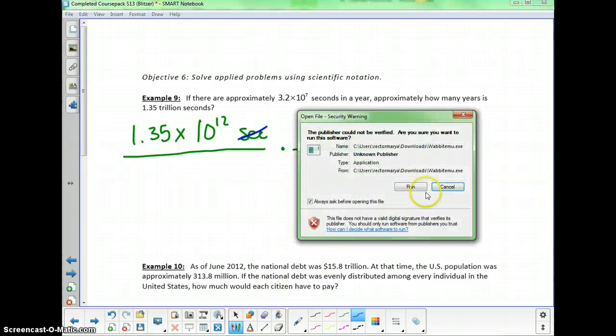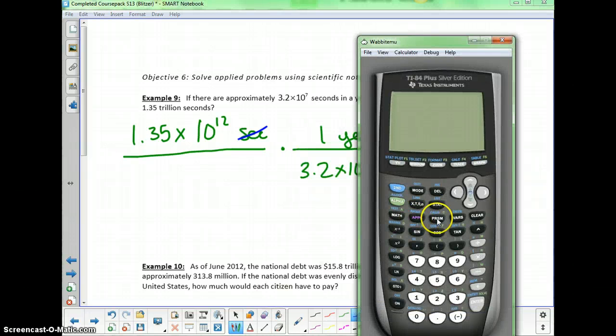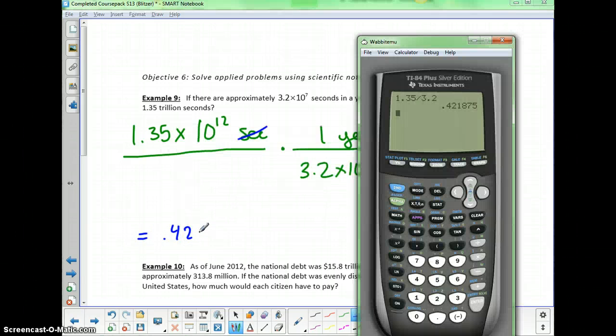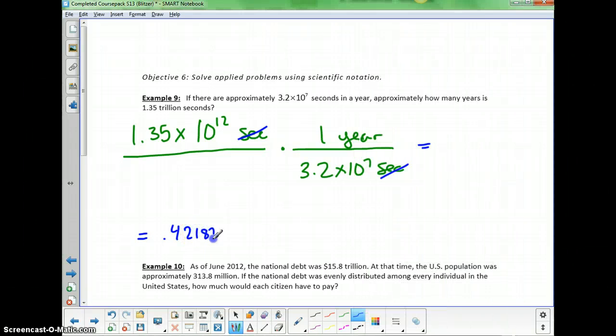I need to grab a calculator. 1.35 divided by 3.2, 0.421875 times 10 to the, I'm going to subtract those powers, so 10 to the 5th, but that's not in scientific notation, so you need to write this as 4.21875 times 10 to the, I made that number bigger, so I need to make the power smaller.